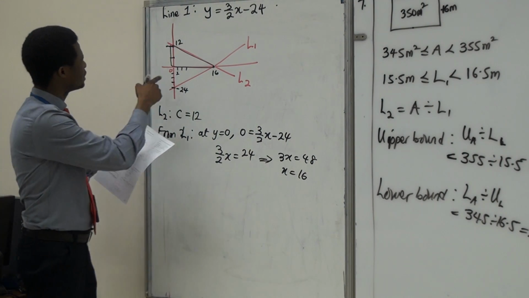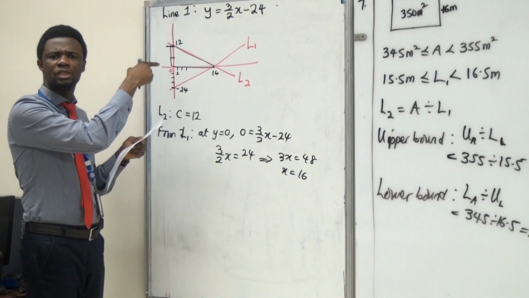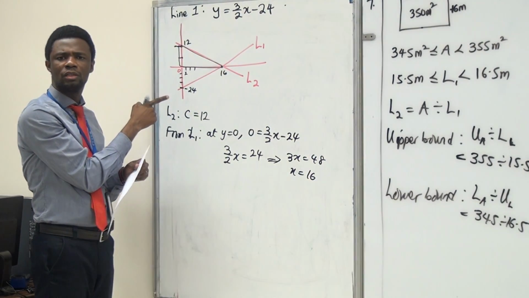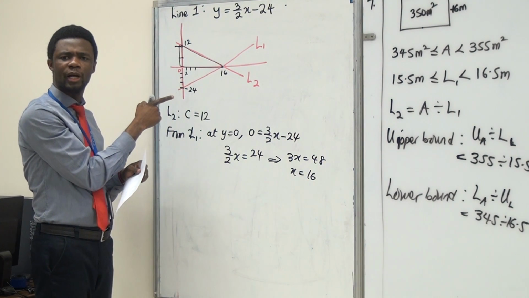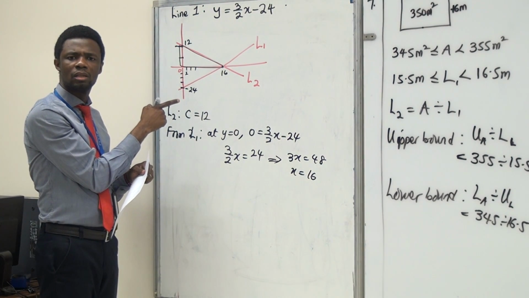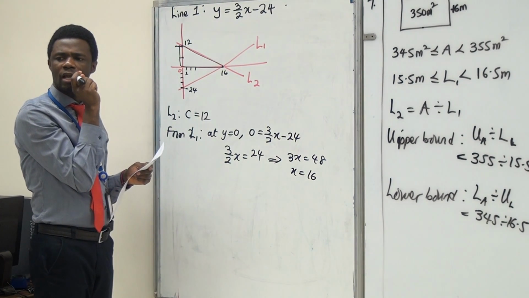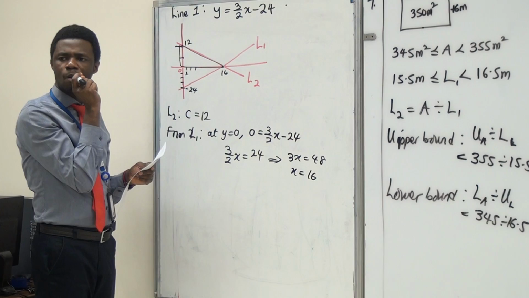No, there are 2 lines. Can you check your worksheet? Did I draw this diagram wrong? Is it 16 or 18? It shows 16 here, and I marked it right. So it's 16. No, line 2's x-intercept is 18.